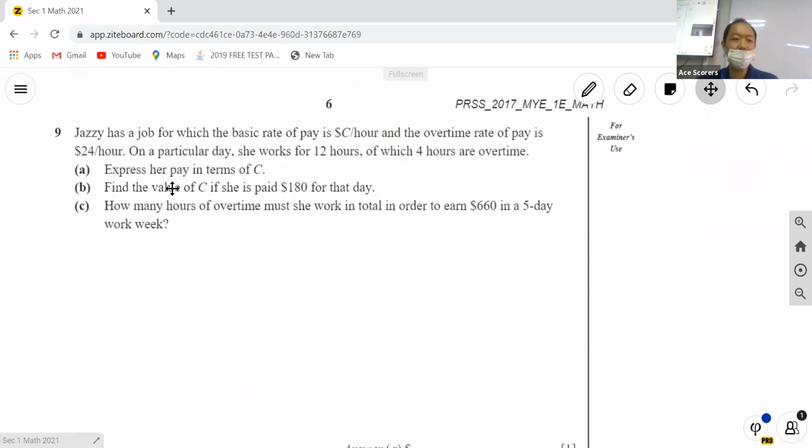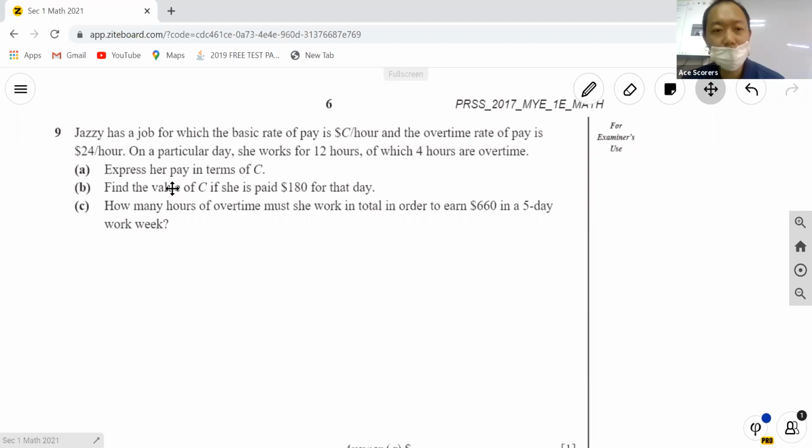Express the pay in terms of C. She works for 12 hours with 4 hours overtime. The basic pay rate is $C per hour.